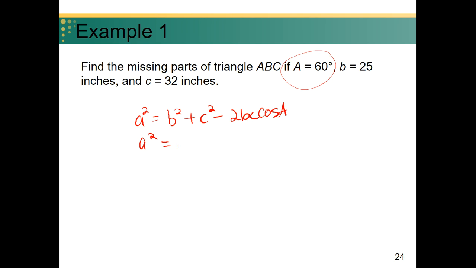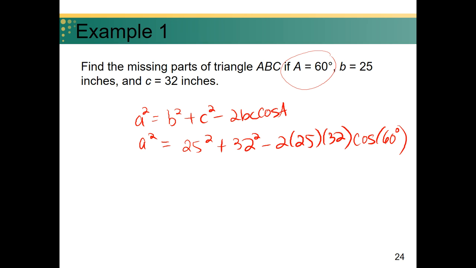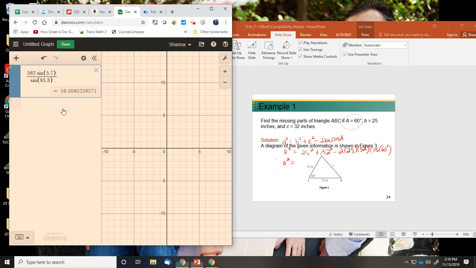A squared equals 25 squared plus 32 squared minus 2 times 25 times 32 times cosine of 60. Cosine of 60 is 1/2. We could do this by hand like I normally do, but because it's a video, I won't waste your time.